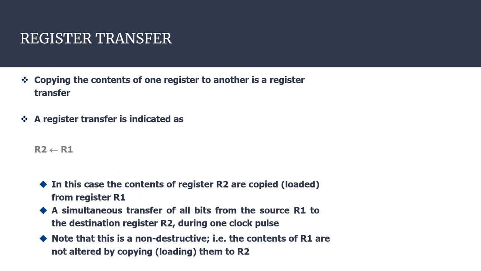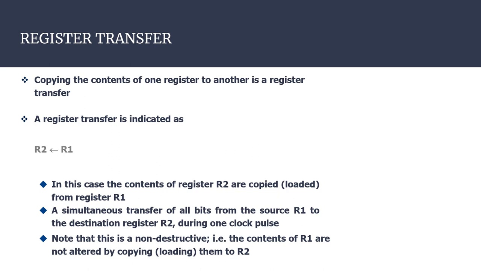So in this case the contents of register R1 are copied into register R2, but the contents of register R1 do not change, means the contents exist there in R1 too. It just creates another copy of the contents of register R1 into R2.